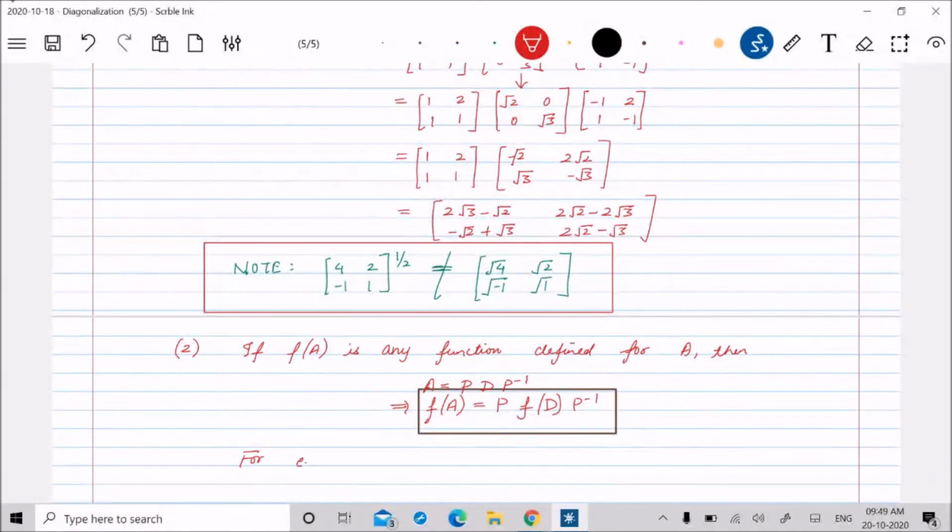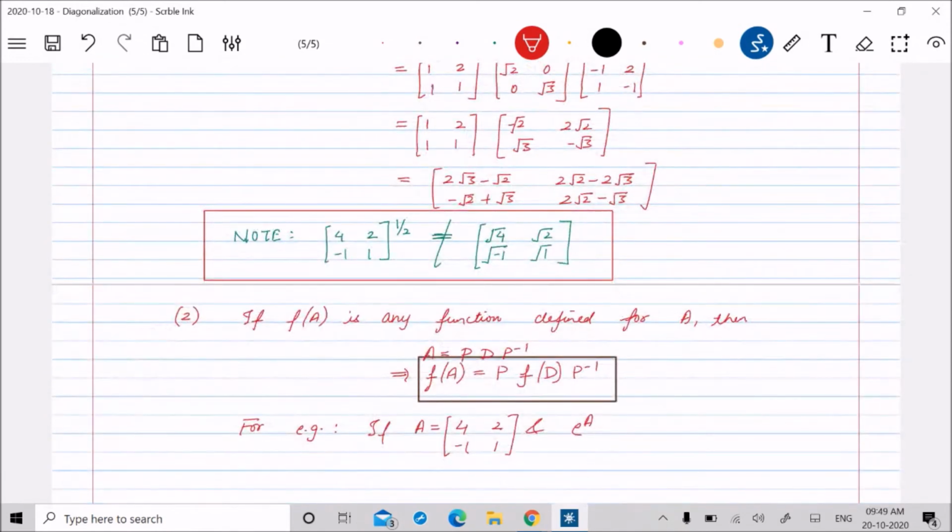For example, you can take a small example for this. If A is again that same A, 4 2 minus 1 1, and you want to find e to the power A. This is something very strange. We are going to find the power of e, and the power is not a number today, it is a matrix.